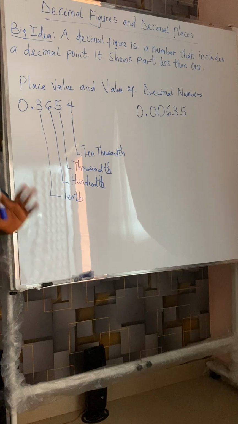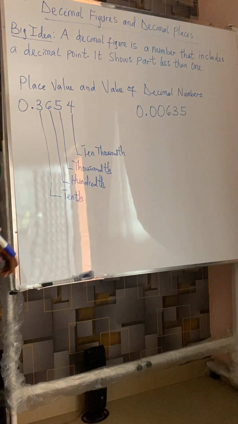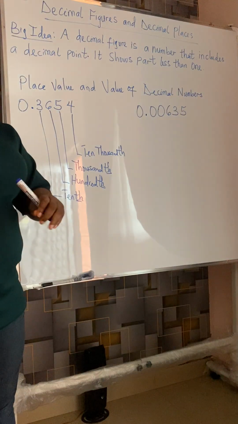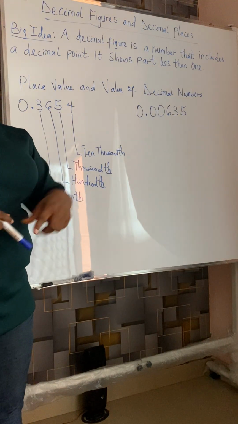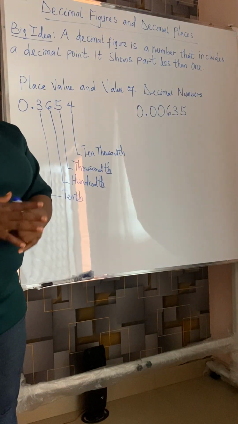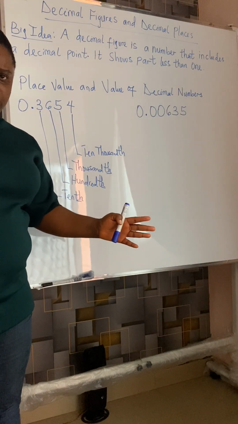It is important that we take note of this. There's something else I'd like us to know, and this thing I want to say is what will guide anybody who wants to arrange decimal numbers like this in increasing order of magnitude.